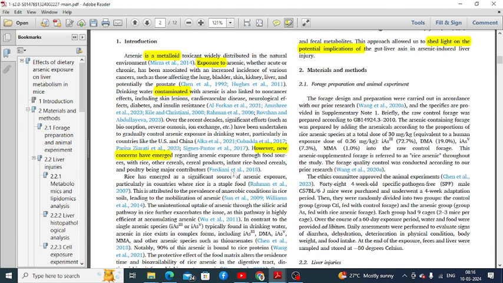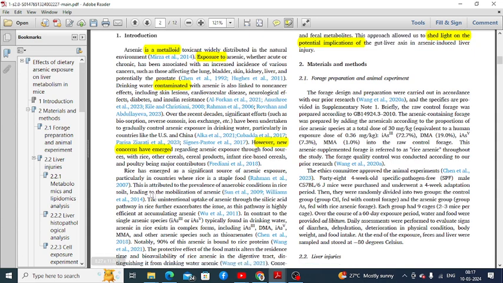So how could this arsenic come into the organisms through food? Especially through rice. So through rice, it enters into the body.